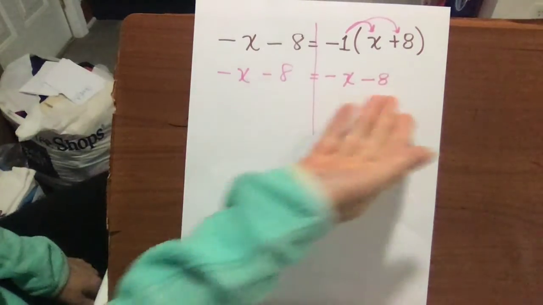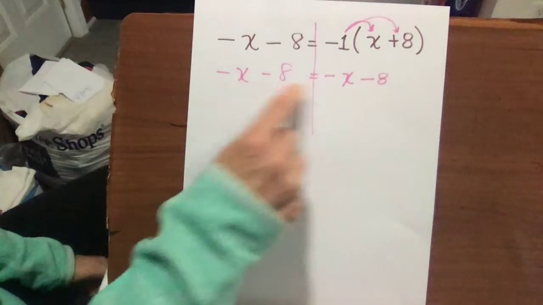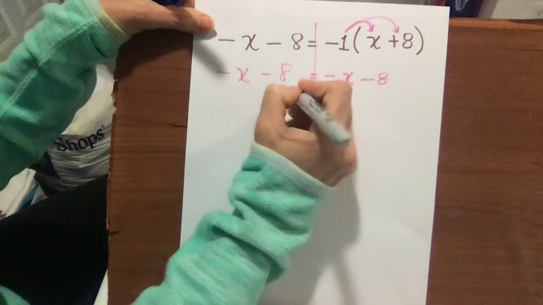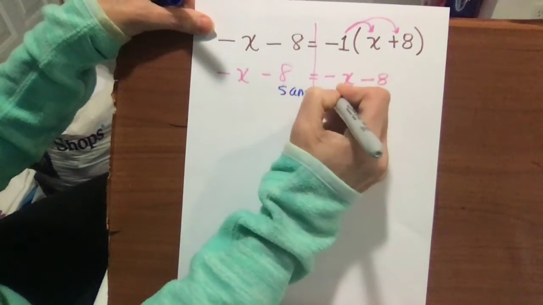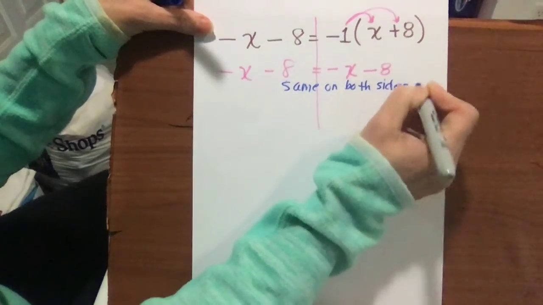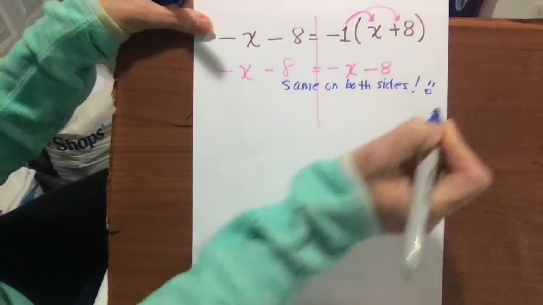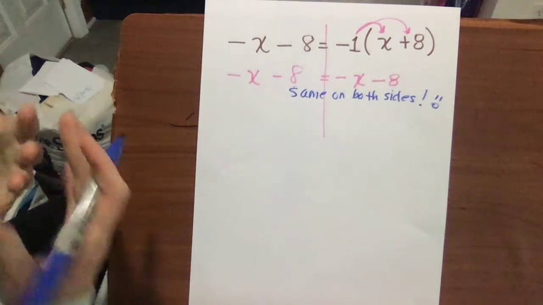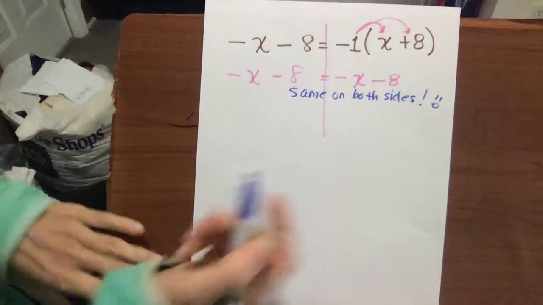At this point, some of us might recognize that this is the same on both sides. Some of us may recognize that and be like, oh no! But if that happens, what you can then conclude is that there are infinite solutions.